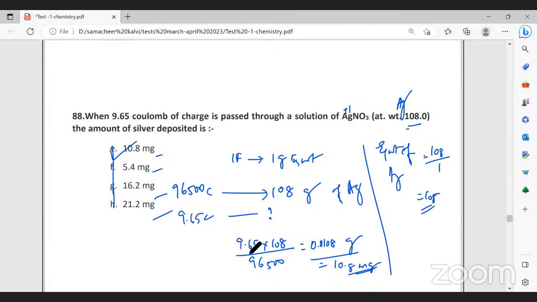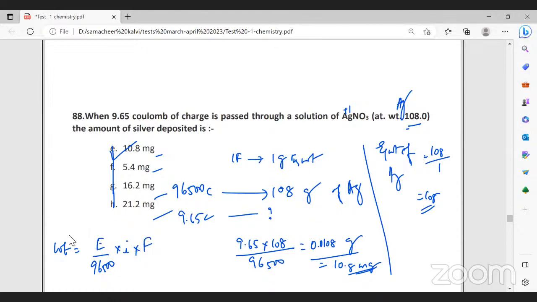We can also use a formula and calculate. That is, the weight of substance deposited can be calculated by the formula Z I T, or Z into the equivalent mass by 96,500 into current. Current what we're passing, 9.65 coulomb, into Faraday, Faraday is 96,500. Time they have not mentioned here.